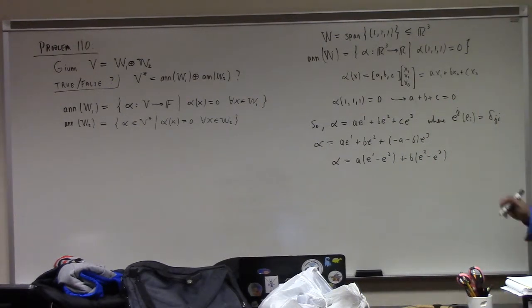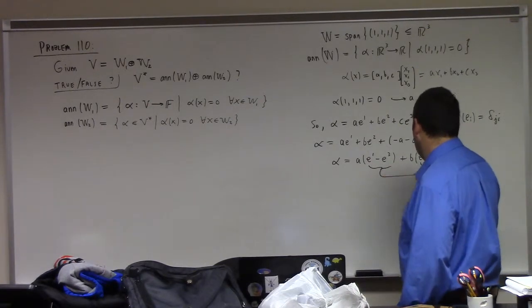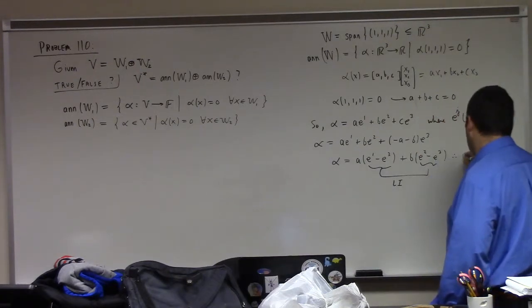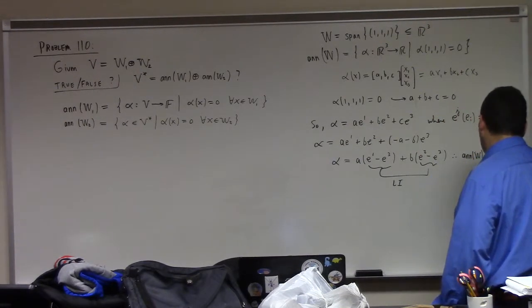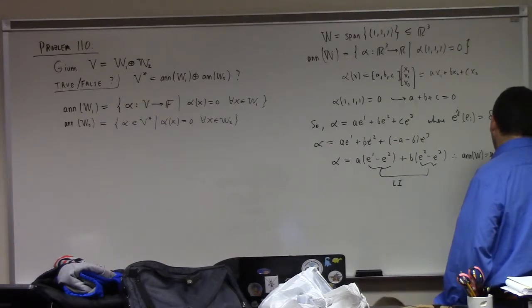And so, by the way, this and this are linearly independent, right? So therefore, the annihilator of W here is the span of e1 minus e3, e2 minus e3.